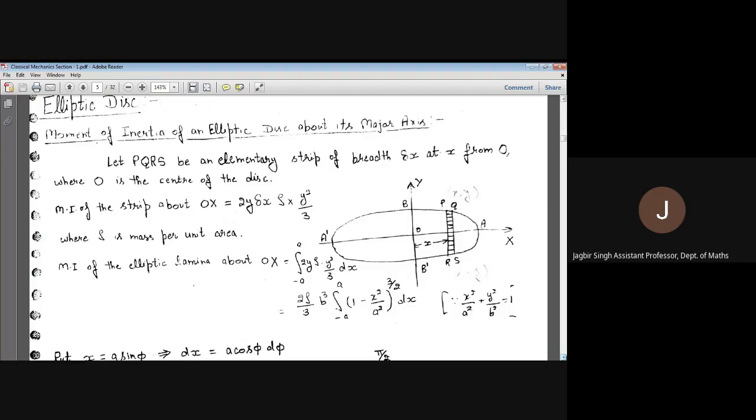Now we have a rod, and we find its moment of inertia about A prime. A prime is perpendicular to this rod and passes through its center.